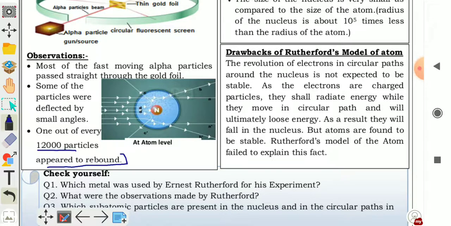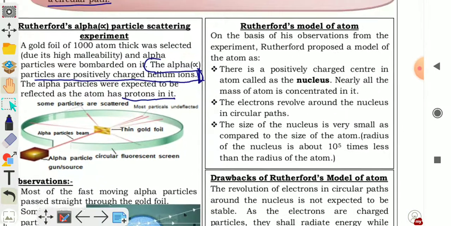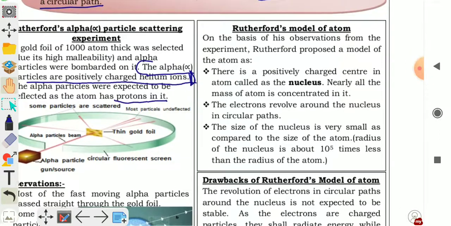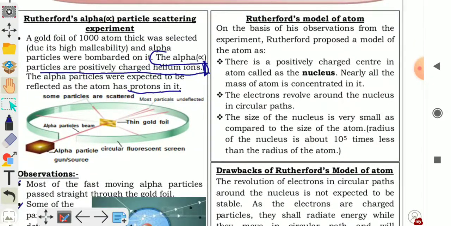So these are the observations of Rutherford's experiment. Now by these observations Rutherford gave the model of atom.